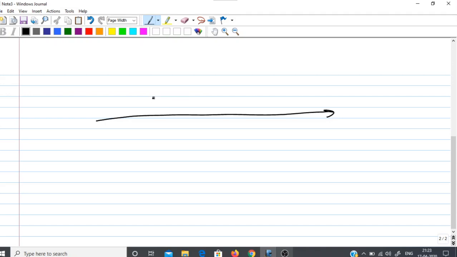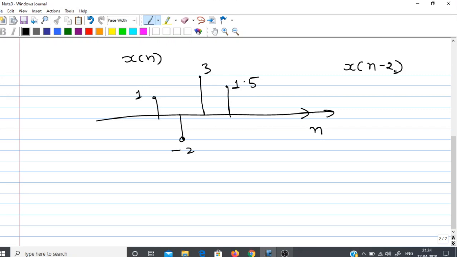This is the sequence. Let's say this is 1, this is minus 2, this is 3, and let's say this is 1.5. This is the sequence x[n]. And now I ask you to obtain the time shifted version x[n minus 2].